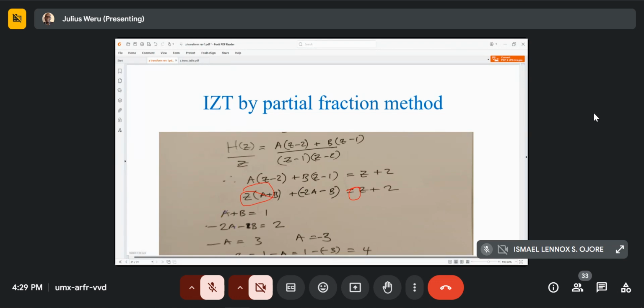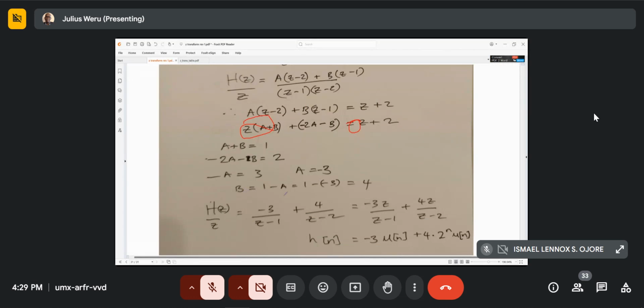If you subtract, you get minus A is equal to 3, so A is equal to minus 3, and therefore B is equal to 4. From the table, h(n) is minus 3 u(n) plus 4 times 2 to the n u(n).